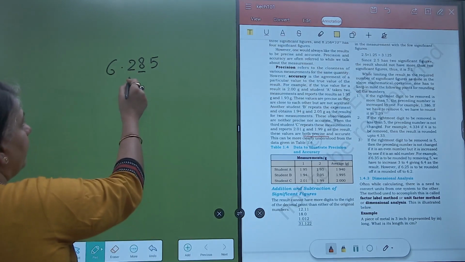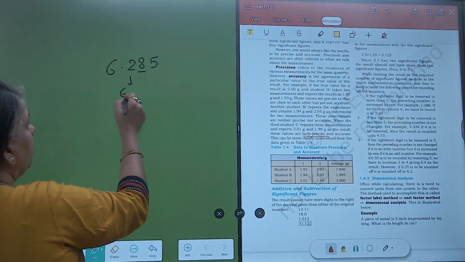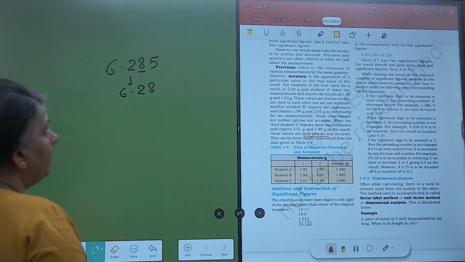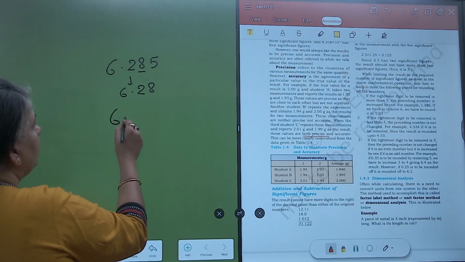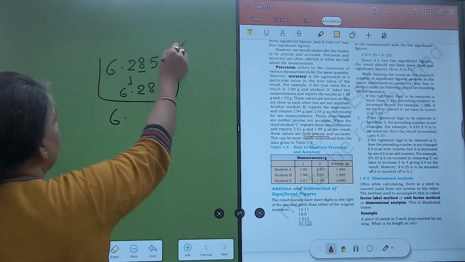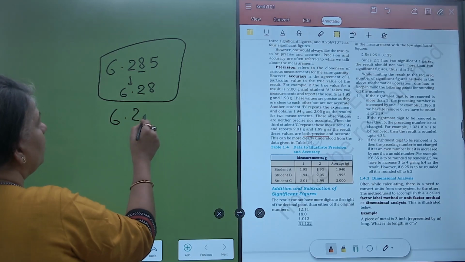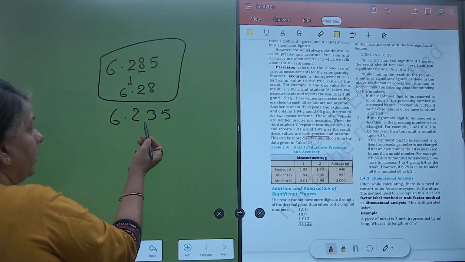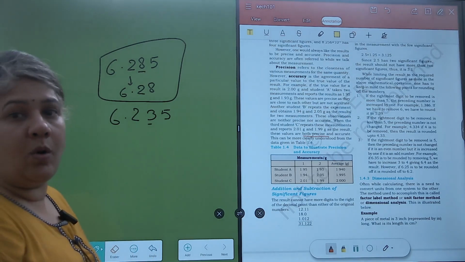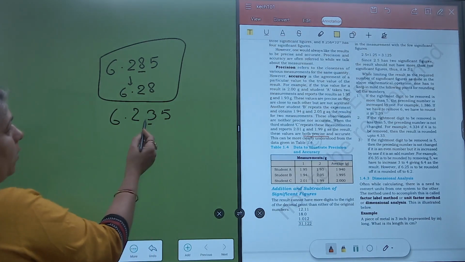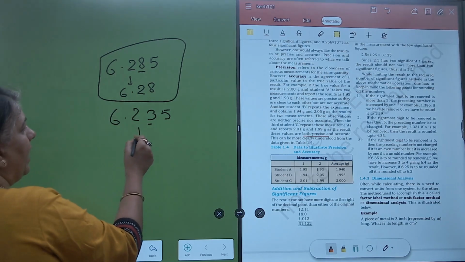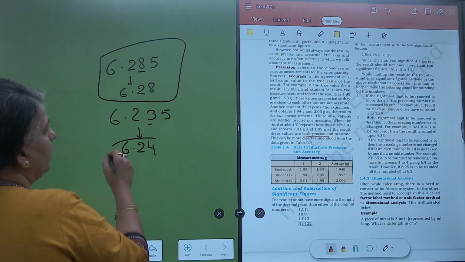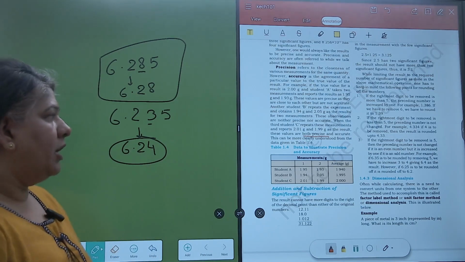So this number is not changed and you'll report your answer as 6.28. And if you have number 6.235, so if the preceding number is odd, then we add 1 to the preceding number and the answer is reported as 6.24.